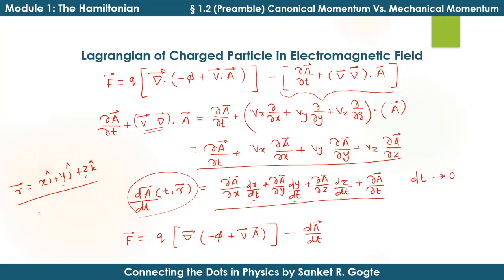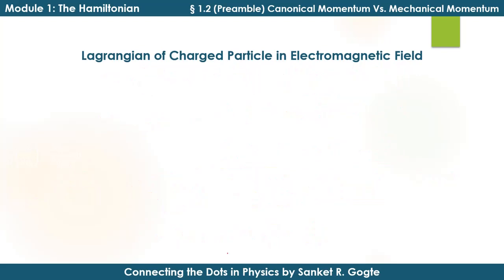And now what we have, I'll again write down the force on the next slide. So F is equal to q into del of minus phi plus v dot A minus dA/dt.